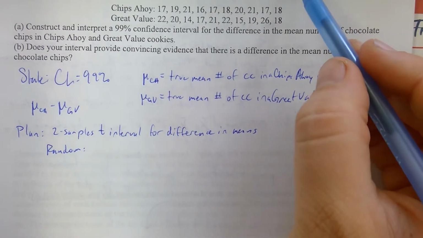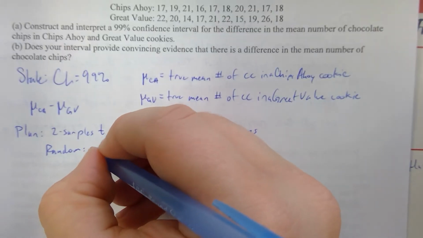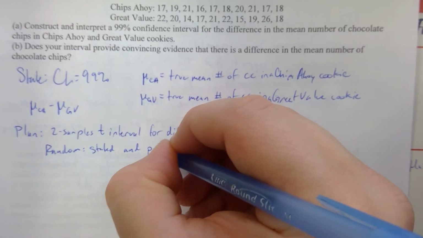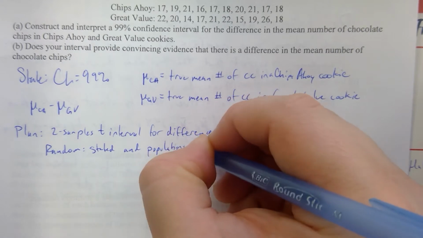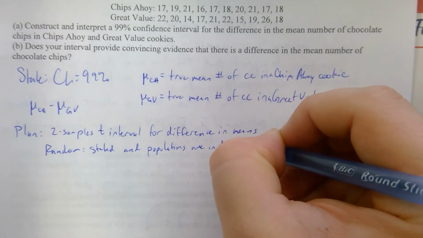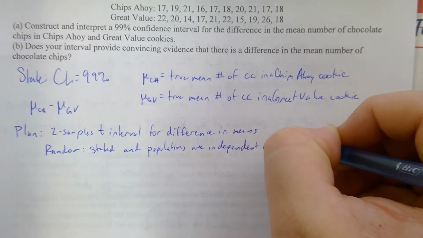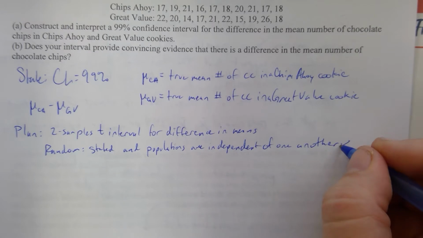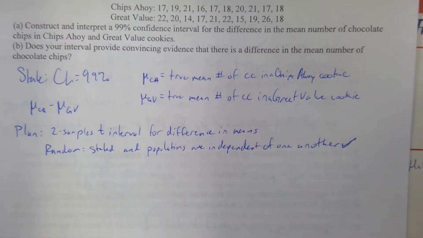We are told that we are randomly selected, as stated, and the populations are independent of one another. We know they're independent populations because you can't be a Chips Ahoy cookie and a Great Value cookie at the same time.